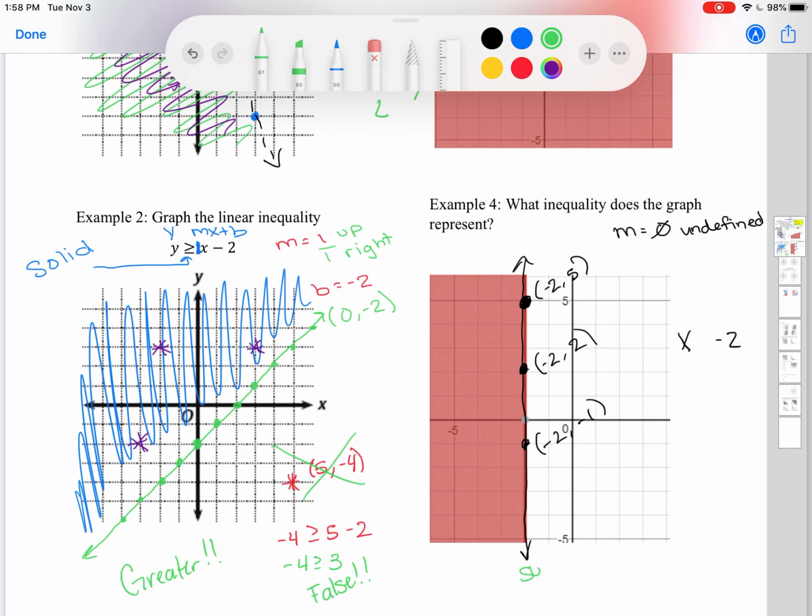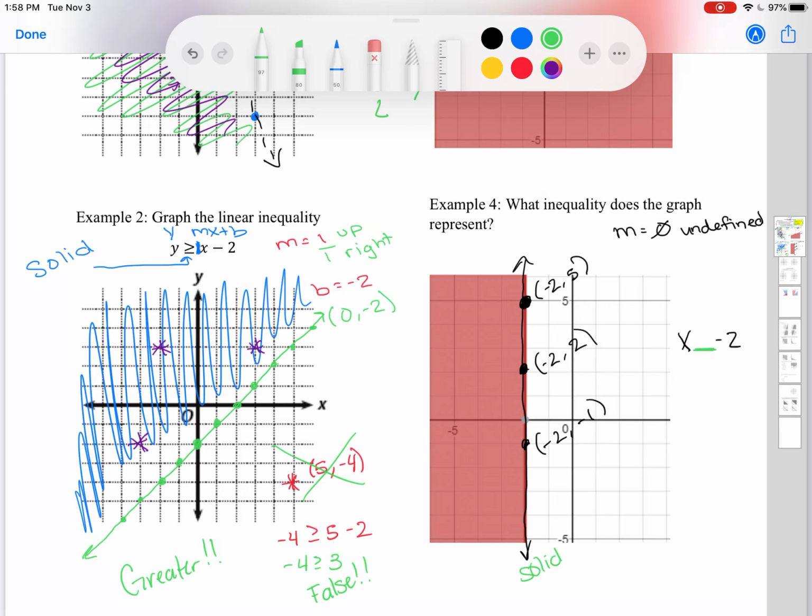And the second part we need is, well, what x value is it always at? -2, so that's the second part. And of course, I want to make this into an inequality, so I need that piece that's in the middle. Well, we know it was a solid line that we were working with. So that automatically tells me that I need to have that equal sign.